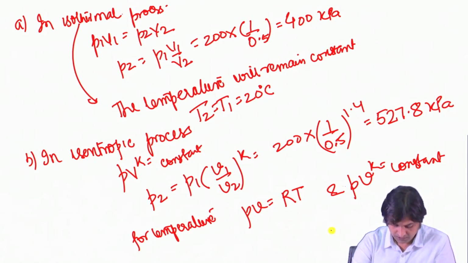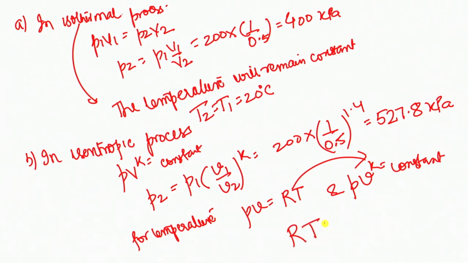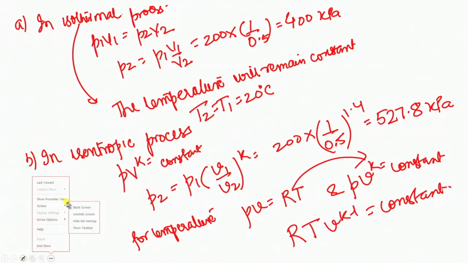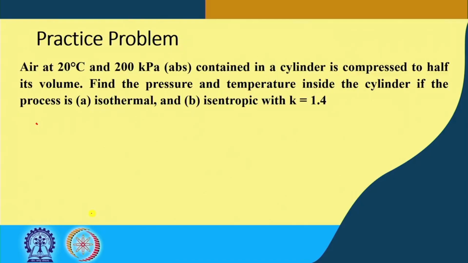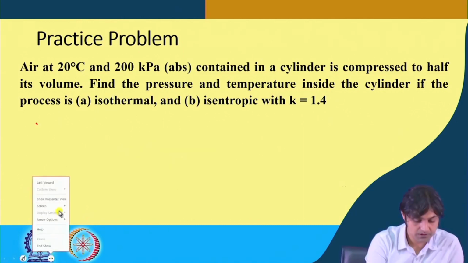So we can use this equation here, and then we can write RT V to the power k minus 1 is equal to constant. So I'll go to the next page.